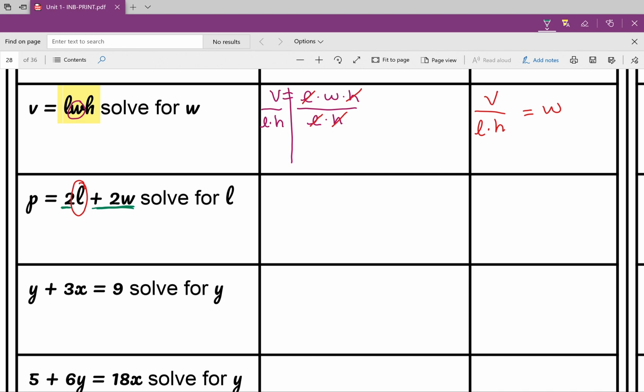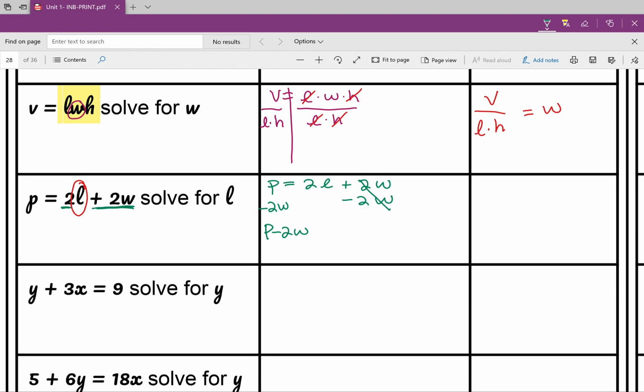So if I have P is equal to 2L plus 2W, we said we want L by itself, so we're going to subtract 2W over to the other side. Notice that P and W are different variables, so we cannot combine like terms. So that means we're just going to write it next to each other. So this is like saying P minus 2W.